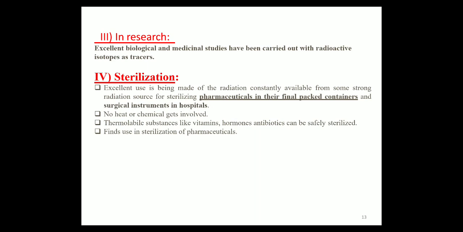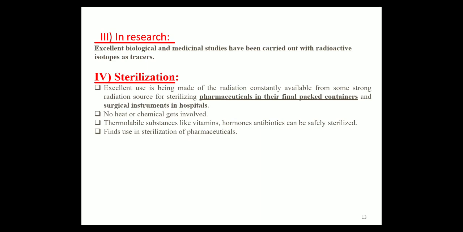Excellent biological and medicinal studies have been carried out with radioactive isotopes as tracers. In medicine, two of the most commonly used radioisotopes are technetium-99m and iodine-131. Radioactive isotopes are also used for medical research to study normal and abnormal functioning of organs and systems.